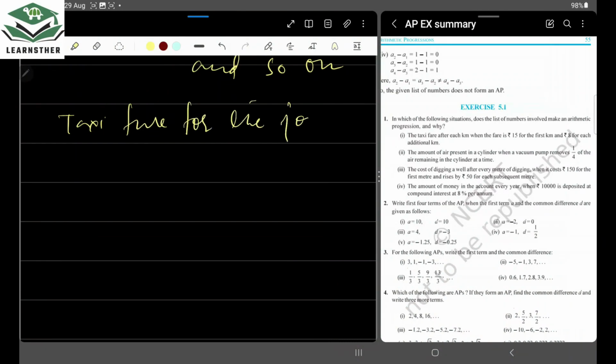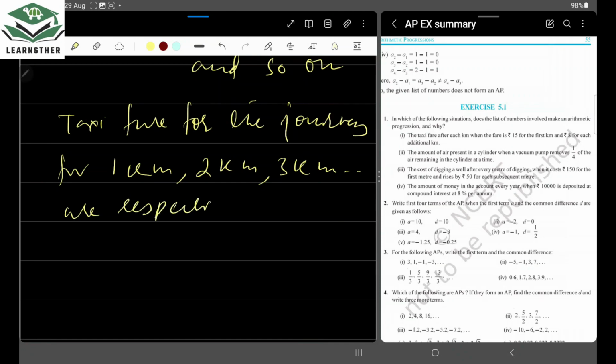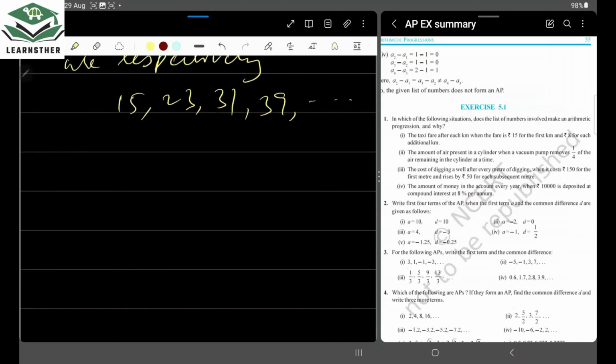So taxi fare for the journey for 1 kilometer, 2 kilometers, 3 kilometers are respectively 15, 23, 31, 39 and so on. Now you already know from this a k plus 1 minus a k.